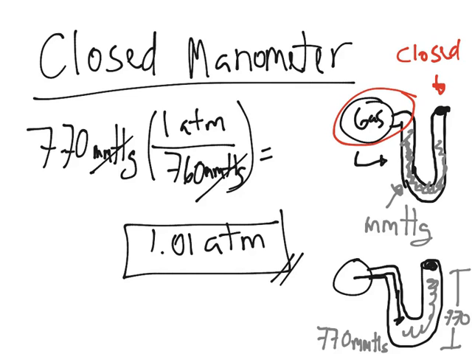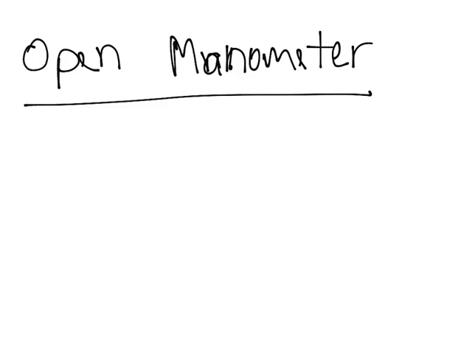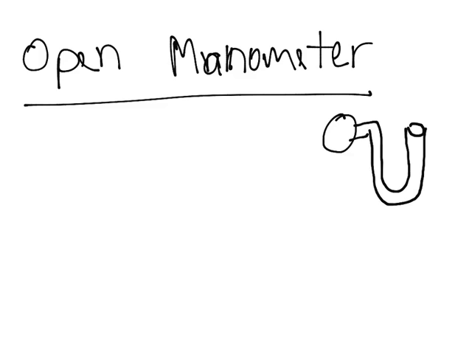So now let's go to an open manometer. Now this one is a little more complicated because you will have the same setup, but this part will be open. So you have to count the pressure exerted by the atmosphere in your calculations.